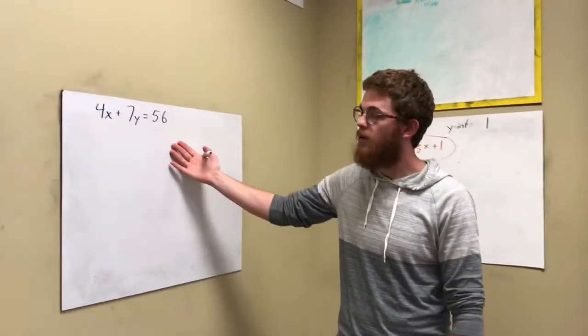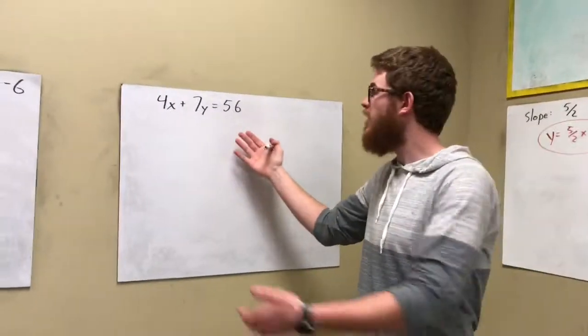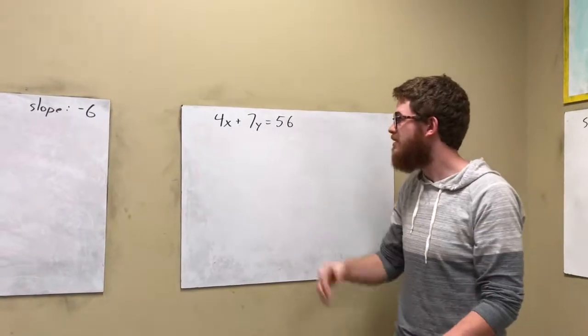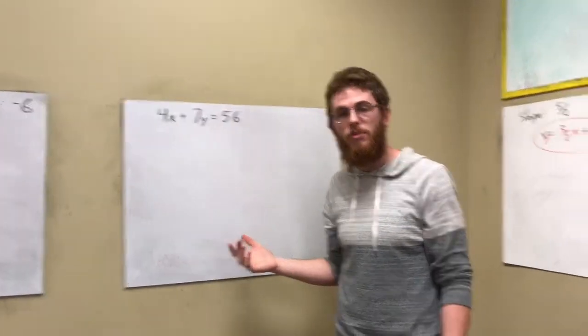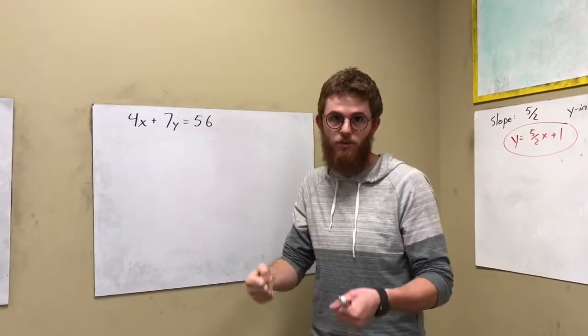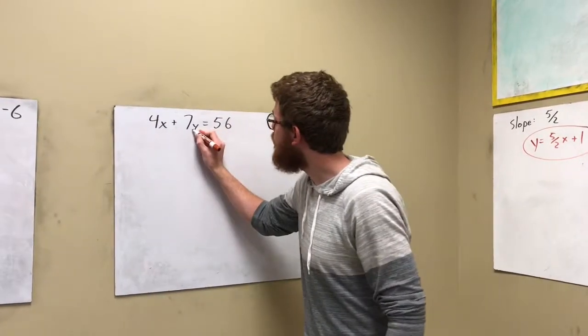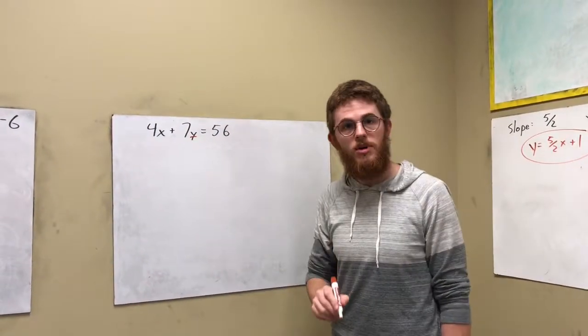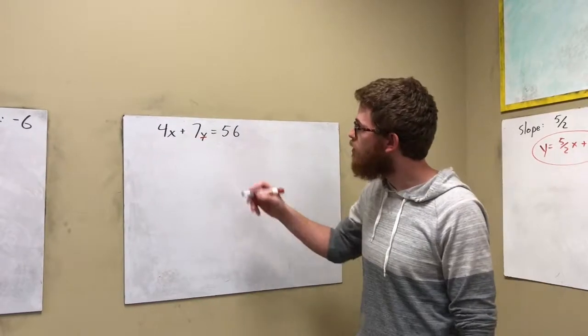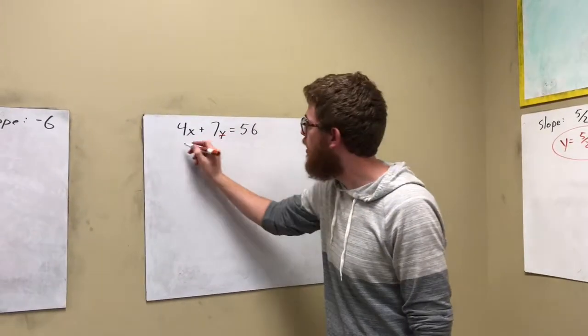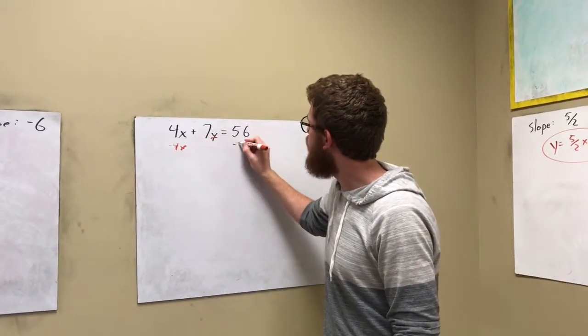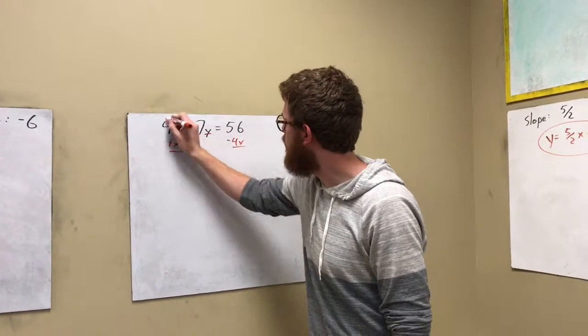Over here, we've got the equation of a line in standard form. This is the equation of the line, but it's not in slope-intercept form, and that's what we want. We need to solve it for y. To do this, first we need the term with y by itself, so we're going to subtract 4x from both sides.